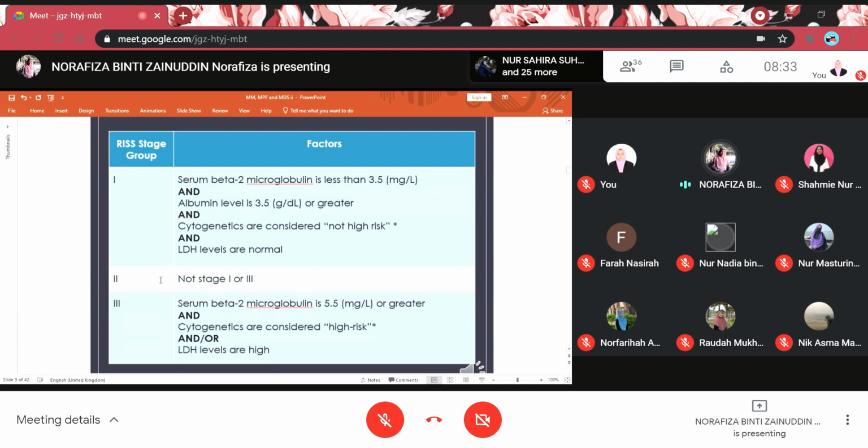For stage 2, they are not categorized as in stage 1 or 3. For stage 3, the beta-2 microglobulin is higher, 5.5 milligram per liter. Cytogenetics showing that they are considered high risk, yeah? And/or the levels of LDH in their blood are high.